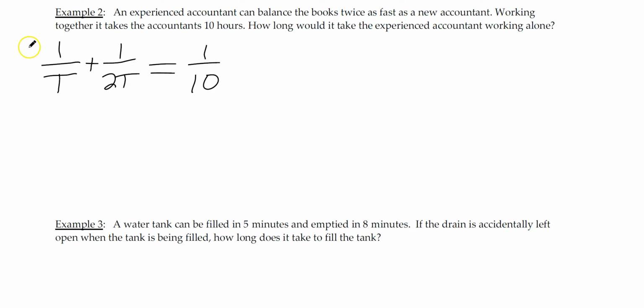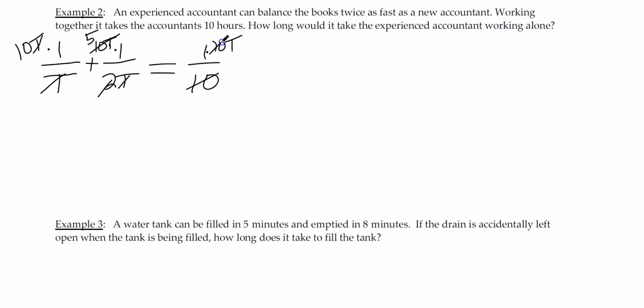So let's multiply. Now this is not the lowest common denominator. Let's get the lowest common denominator, 10t. Let's multiply by 10t, this one. Times, times, times. Here the t reduces. Here the 2 and the t reduces, leaving 5.